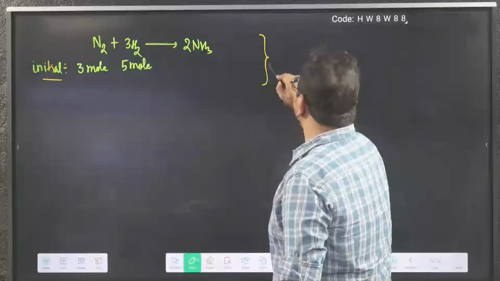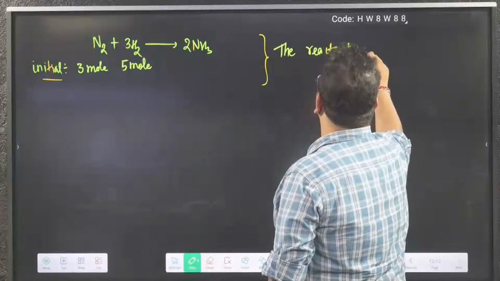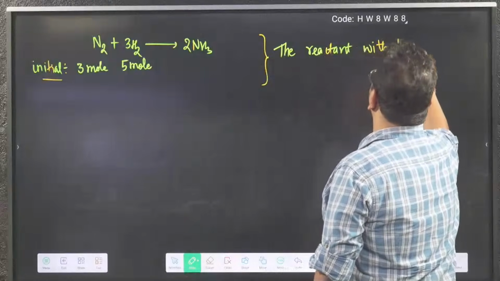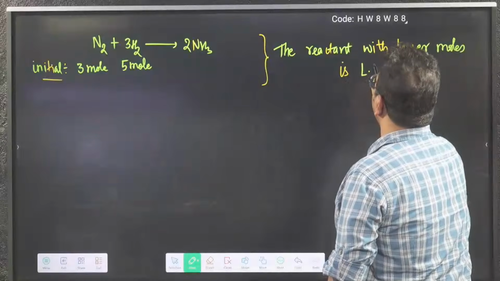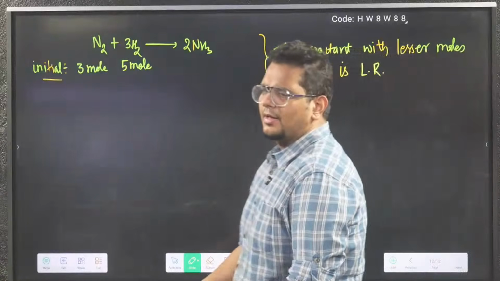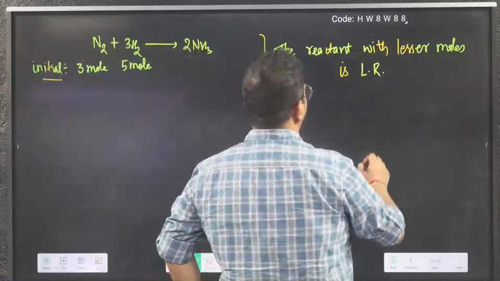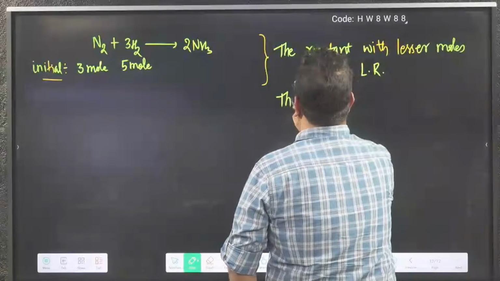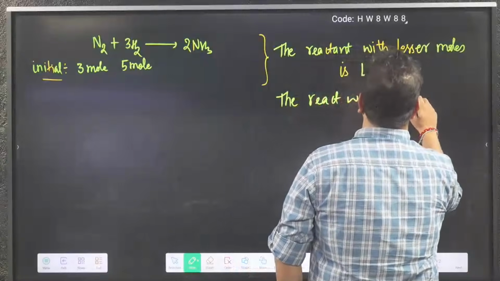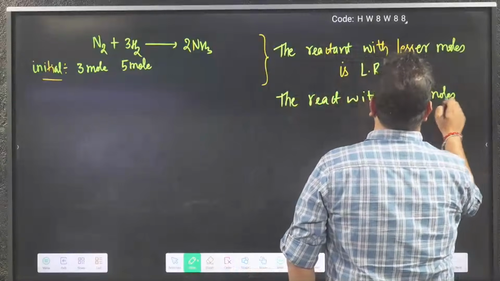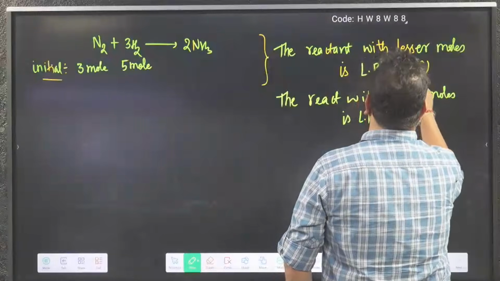So my question is, the reactant with lesser moles is the limiting reagent. Say bhaiya, true or false? The reactant with lesser moles is the limiting reagent, or the reactant with more moles is the limiting reagent? You have to state true or false.